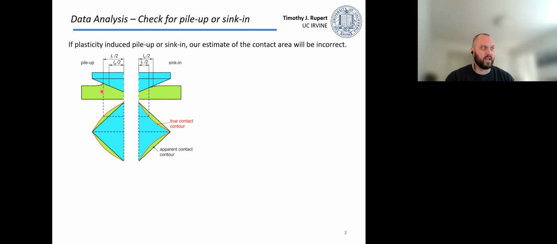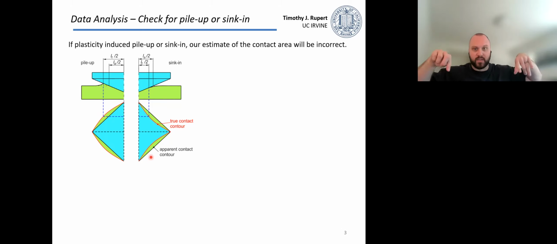It's shown here on the left. It's where your material sort of flows outward and is touching more of that indenter tip than you think it really is. So that's shown here below that. The apparent contour is shown in black. You think it's just this indent shape, but since the material is pressed out, there's more contact than you think there is.